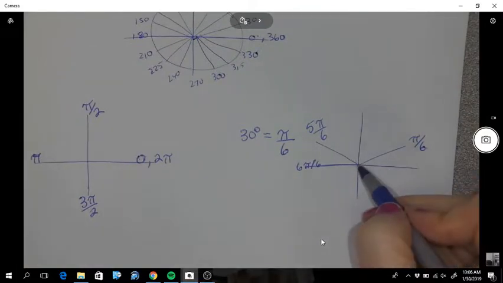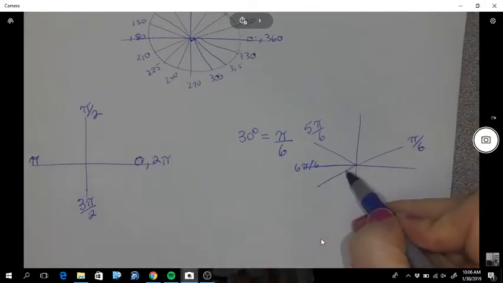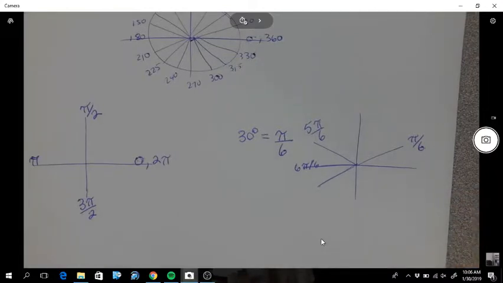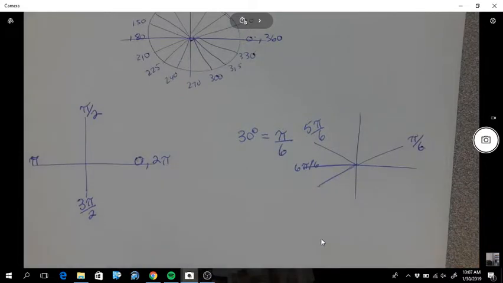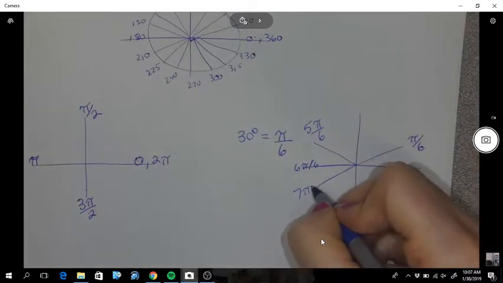Okay, so then in that regard, where would this special angle be? At 210, it would then be 1 bigger than 6 pi over 6, so it would be 7 pi over 6.